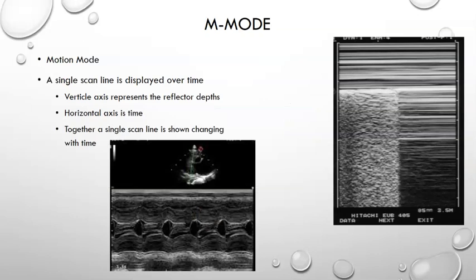In motion mode, again, as I was saying before, we're looking at things that are moving over time. So in this case, we're seeing a heart in the center of our image, and a single scan line is taken, and along that scan line we show the changes that occur by the reflectors over varying depths over time. So the horizontal axis is time, the vertical axis is depth.